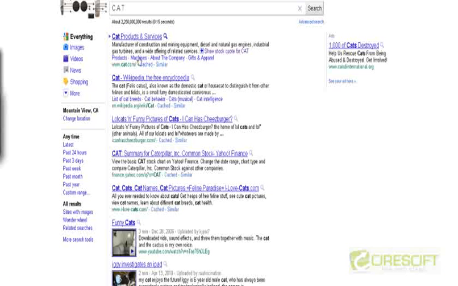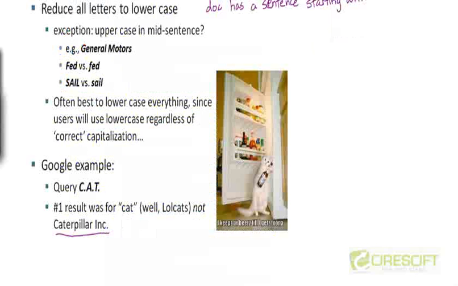It is some company, I guess, but there's also this result on cats, the animal. So what's happening is during normalization, this c.a.t, again with the periods deleted and with the capitalization removed, is getting mapped to what the animal cat would have gotten mapped to, and so the results are kind of mixed.